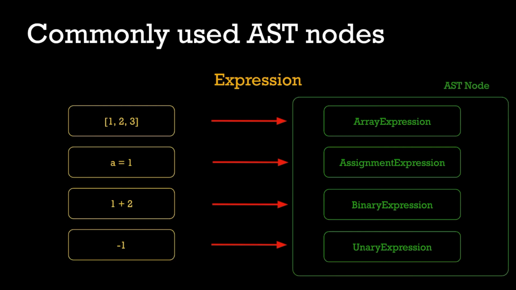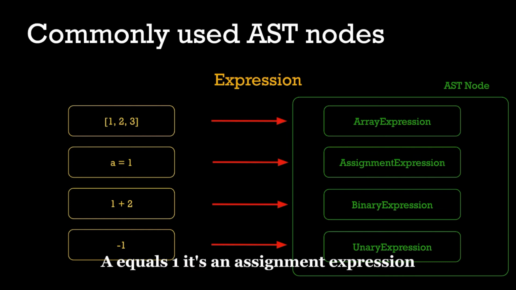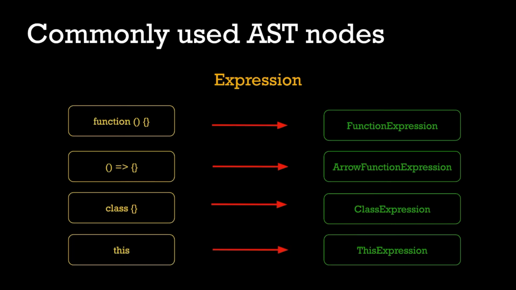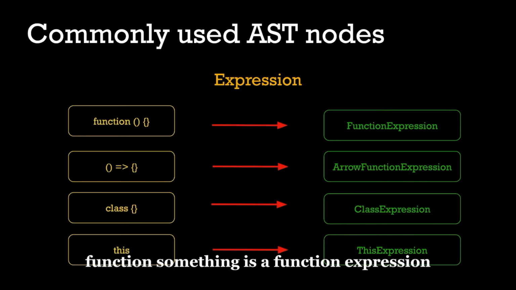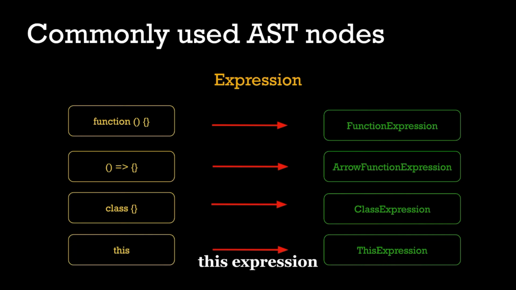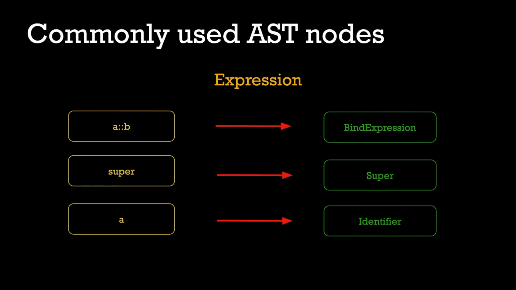So, brackets 1, 2, 3, it's an array expression. a equals 1, it's an assignment expression. 1 plus 2, it's a binary expression. Minus 1, it's a unary expression. And function something, it's a function expression. Also, arrow function expression, class expression, this expression, member expression, super, and identifier.